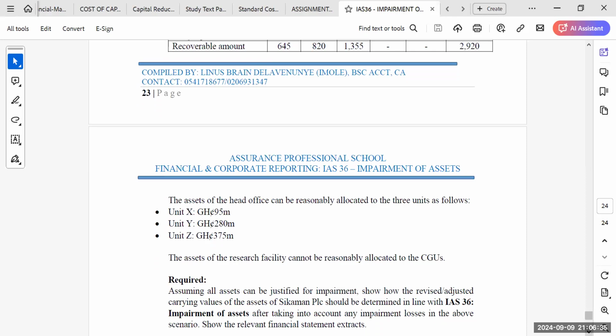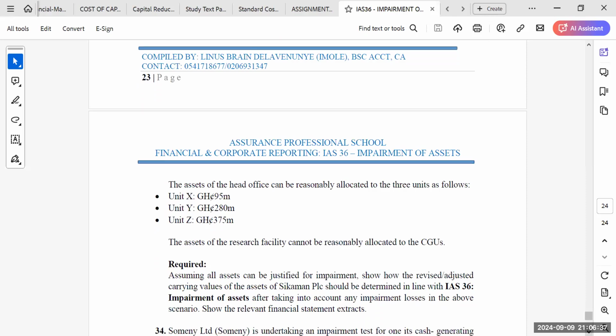Required, assuming all assets can be justified for impairment: show how the revised or the adjusted carrying values of the assets of Sycamine PLC should be determined in line with IAS 36 Impairment of Assets after taking into account any impairment losses in the above scenario. Show the relevant financial statement extracts.